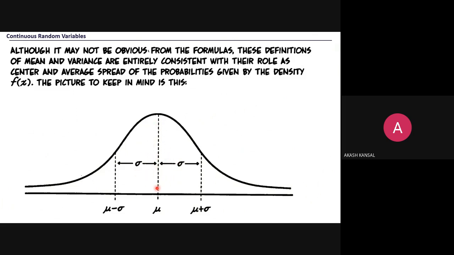So going back to the age example, let's say this point was 40 and this point is, let's say, 80. So we can say that at least 68% of the people have lived, or have completed, 40 to 80 years of age, right?